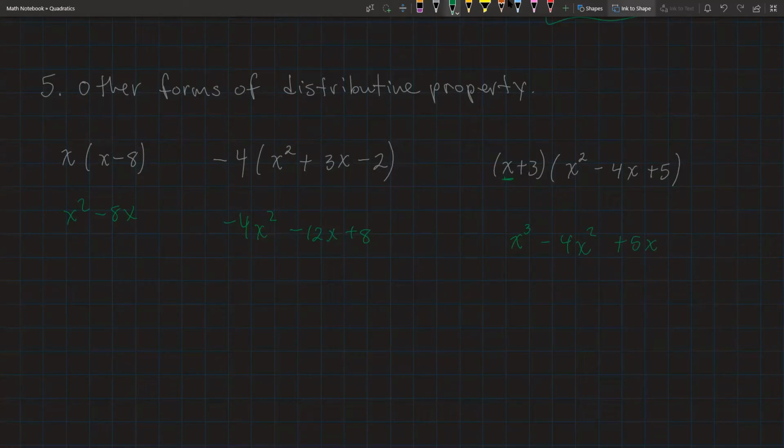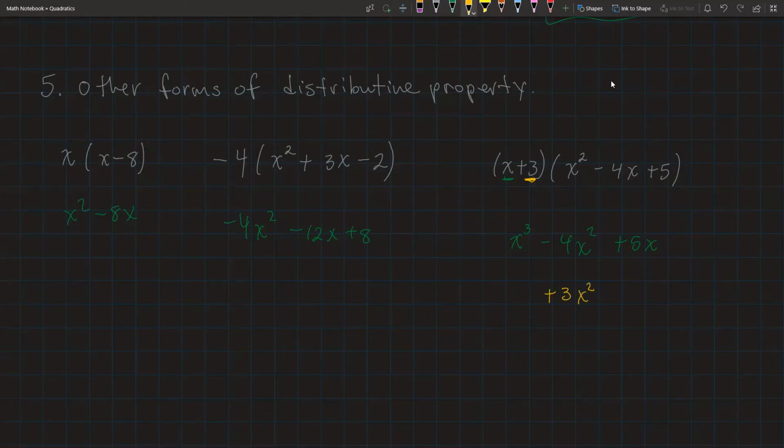Notice how when I distribute this x, I must get 3 terms back since I did it to 3 terms. And I will use yellow now to show the 3 terms that I will get when I distribute this +3 to these 3 terms. And 3 times x squared, I'm running out of space and I can write it here, but I'm going to match the powers, all right? So I'm going to write +3x squared.